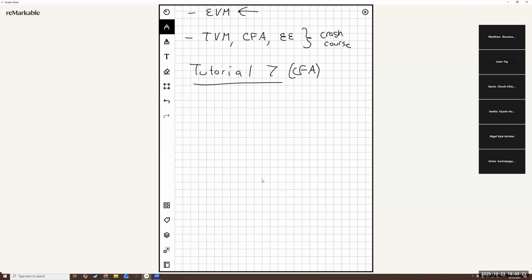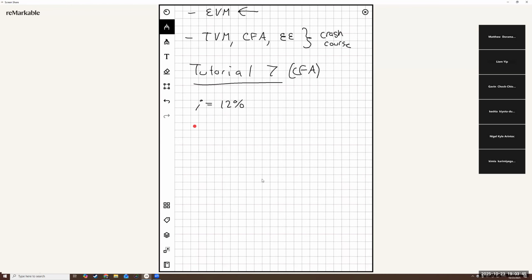Okay, so let's start with what we know. We know that the interest rate is 12%. And we know that after 30 years, we want to have $1 million, right? So 30 years in the future, we have $1 million.